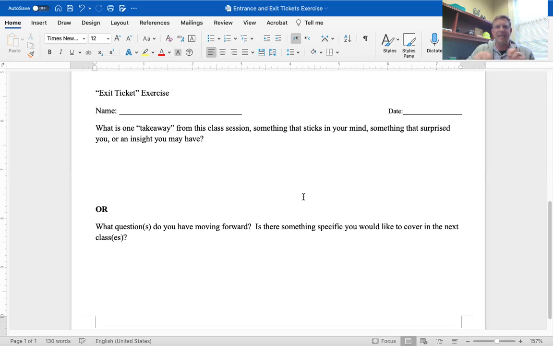Also, you can tweak these exit ticket exercises if you so wish. Maybe some days you want a more content-based response, like, okay, summarize the idea that we talked about in class, just so you are sure that students are able to explain a complicated idea, or a complicated event in history, or a complicated philosophical argument, or something in a psychology class or in history or law.